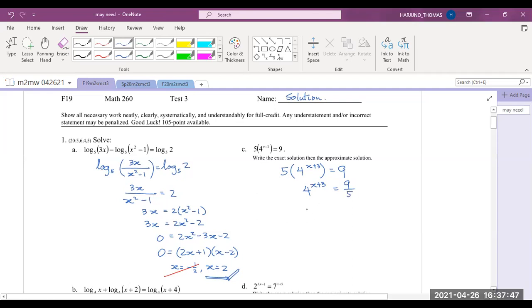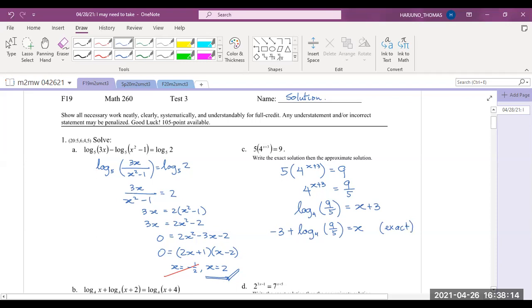And then I think I would change this into log form, base 4. Log base 4 of 9 over 5 equals x plus 3. Subtract 3, equals x. Now this is the exact solution.